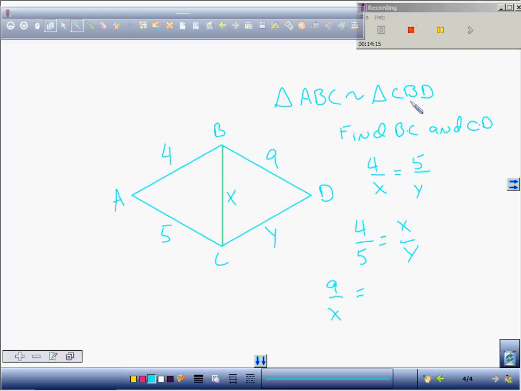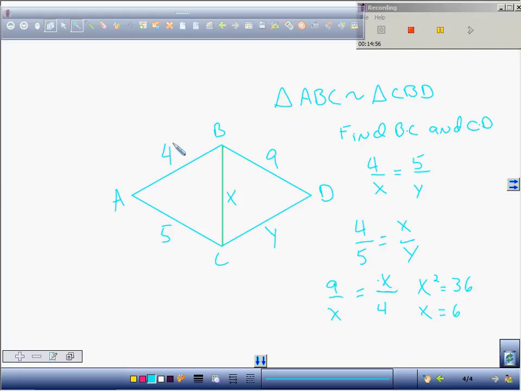You understand that? As CB goes with what in this triangle? AB, right? As X goes with 4, okay? And so in this case, you get that X squared equals 36, X equals 6.